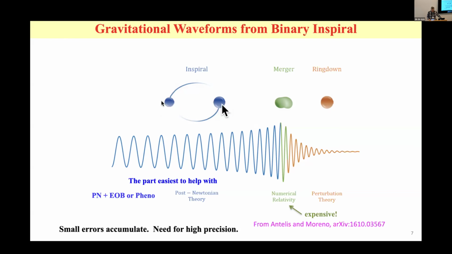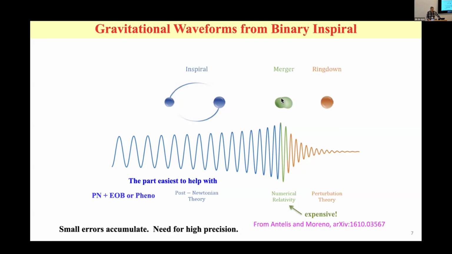As long as they're widely separated, we can use those ideas for this part of the waveform. Then as they merge, you need a different, non-perturbative technique called numerical relativity. Numerical relativity is very much like numerical solutions of Maxwell's equations.